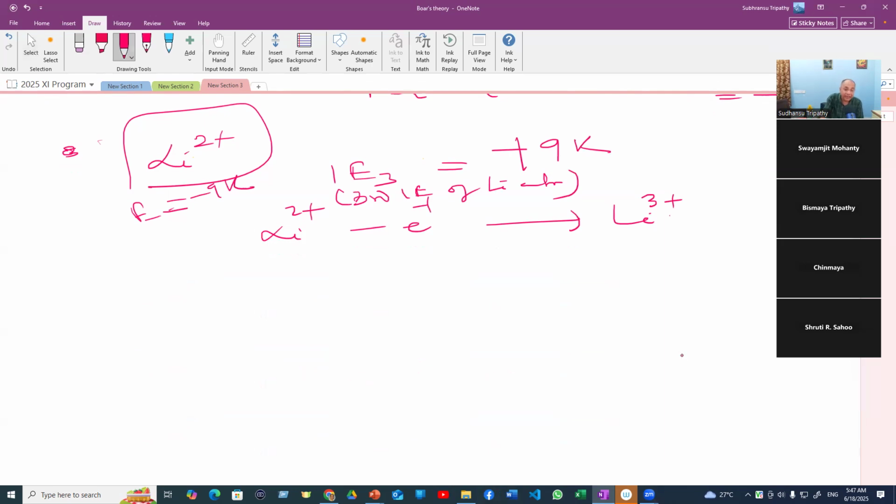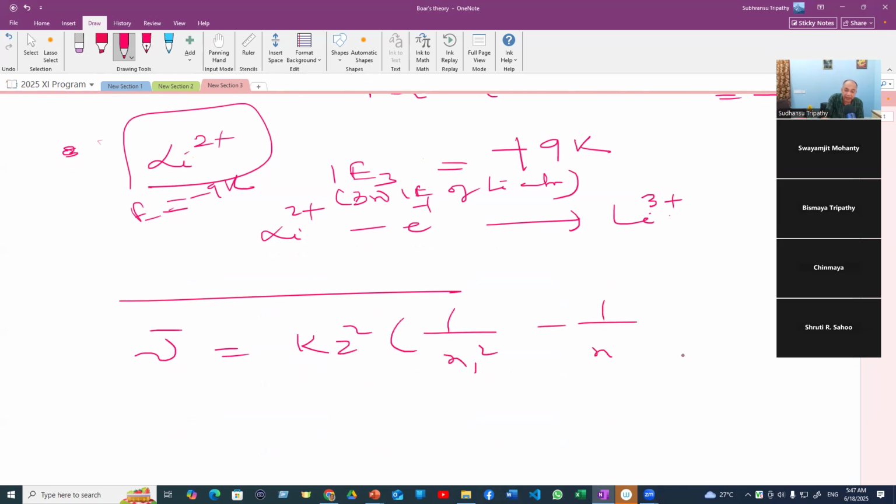Or you can apply nu bar is equal to K Z square into 1 by n1 square minus 1 by n2 square.